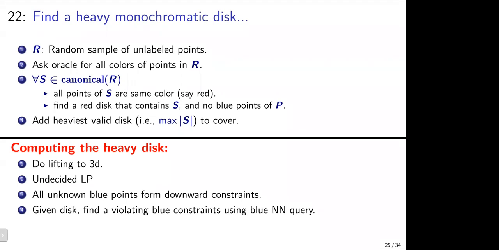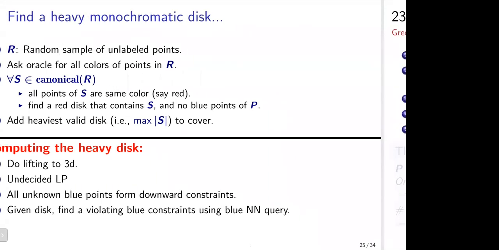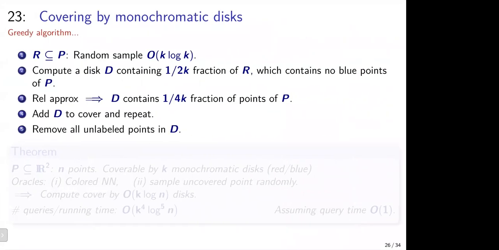Because if you give me a red point, I don't know whether it is covered by my disk or not. So I'm looking only for counterexamples that are blue points. And I can do this, because my oracle allows me to do a nearest neighbor blue query, which turned out to be exactly a blue violating constraint query. So this is now just an undecided LP in 3 dimensions, and we know how to solve it. So that's the algorithm.